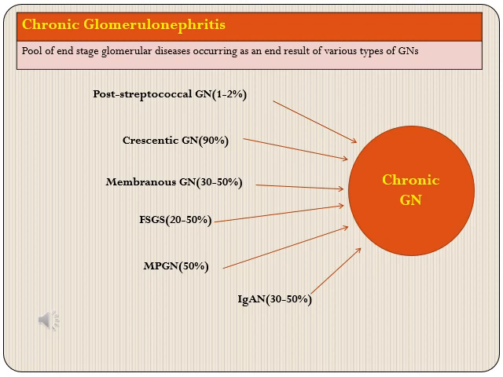So fairly bleak prognosis in these patients. Then 30 to 50% of patients with membranous glomerulonephritis, 20 to 50% of FSGS cases, 50% of membranoproliferative glomerulonephritis, and 30 to 50% of IgA nephropathy cases can go on to become chronic glomerulonephritis.